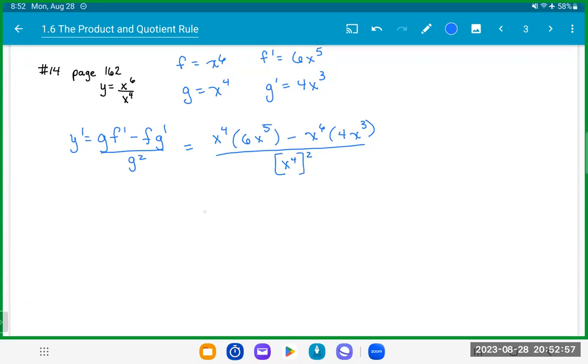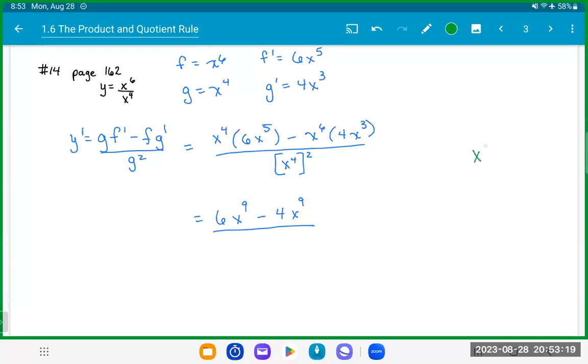So now we can simplify. This gives me 6X to the 9 because 4 plus 5 is 9, minus 4X to the 9, over. So another quick little tidbit about exponents.